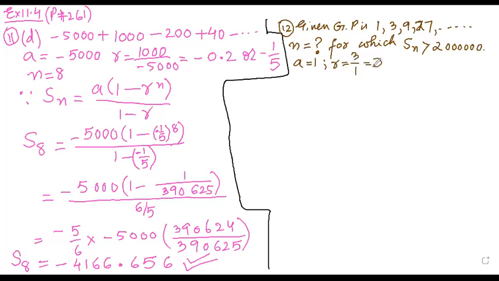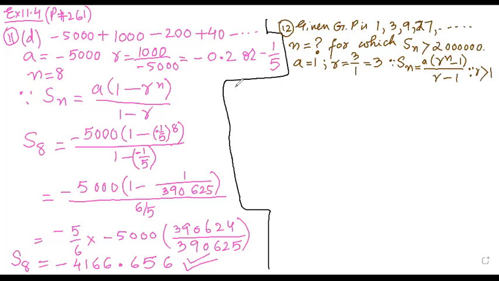And n we don't know. So now, Sn is equal to a into r power n minus 1 upon r minus 1. The reason why we are using this is because r is greater than 1.